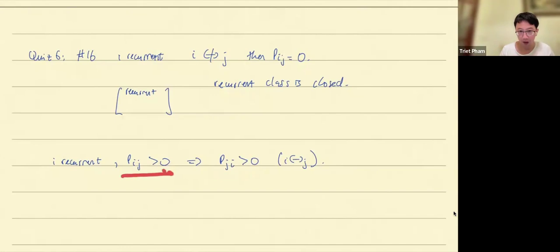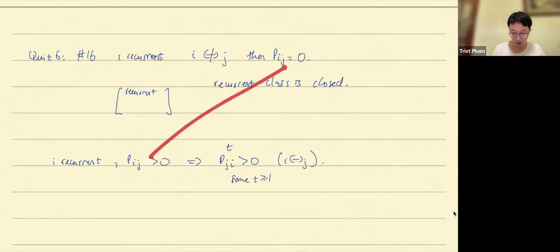This is one step because that's the hypothesis. But here I don't need one step, I only need some steps, because here it's about the structure of the transition matrix.